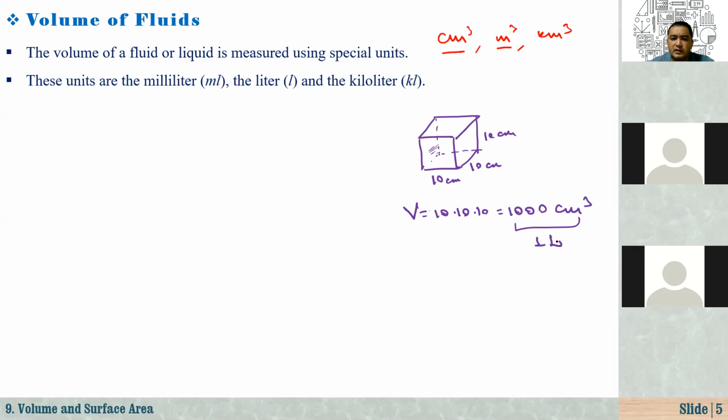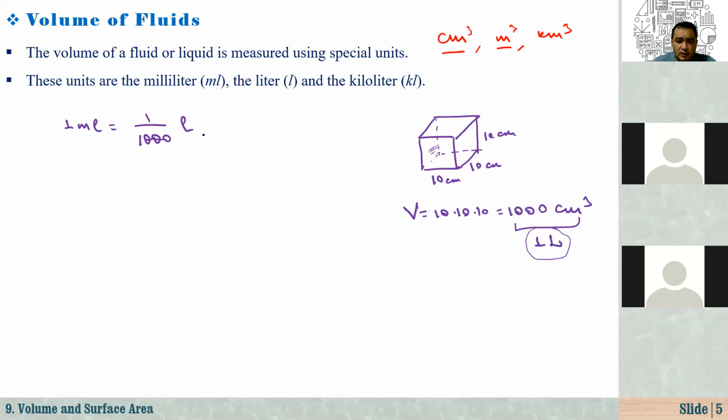So what is 1 liter? 1 liter is a kind of container, let's say a cube whose sides are 10 centimeters each. That container holds 1 liter of, let's say, water. So 1 liter is 1000 cm cube. And we know what milliliter is from here: milli means 1000, so 1 milliliter is equal to 1 over 1000 liters.